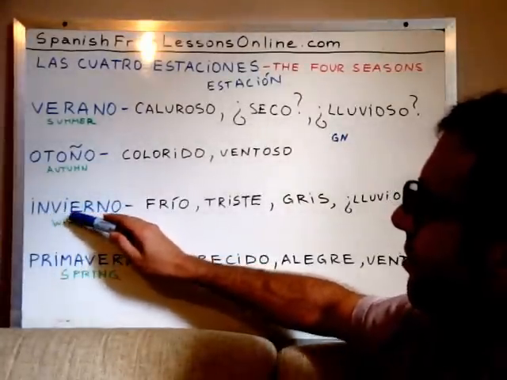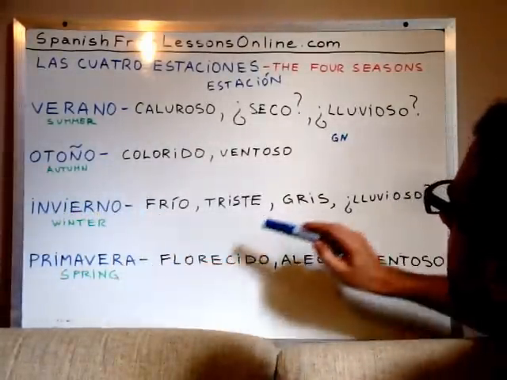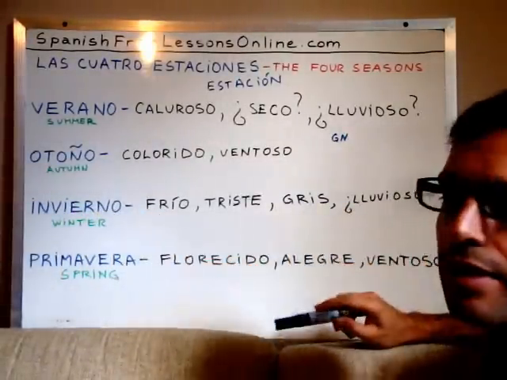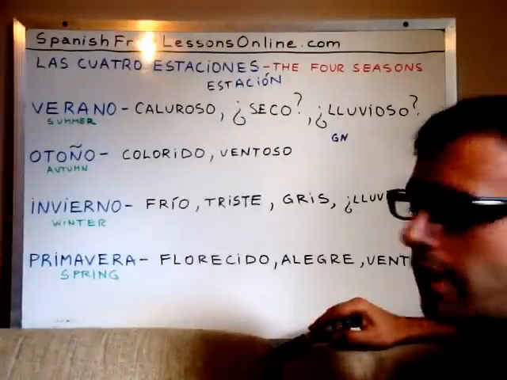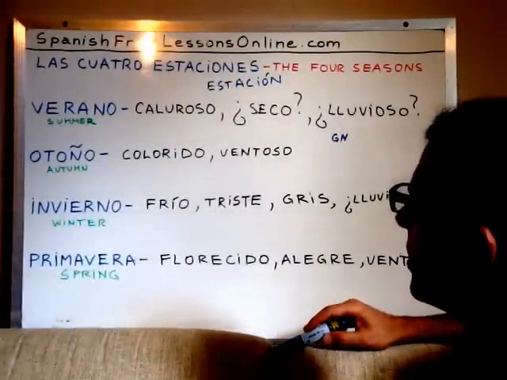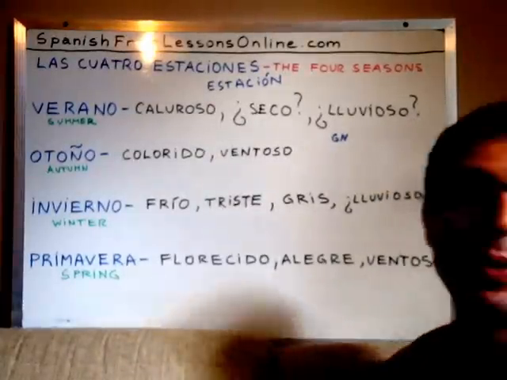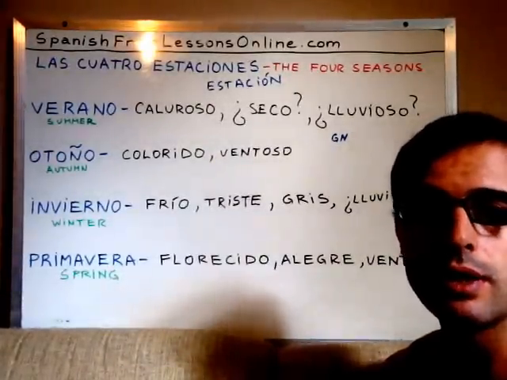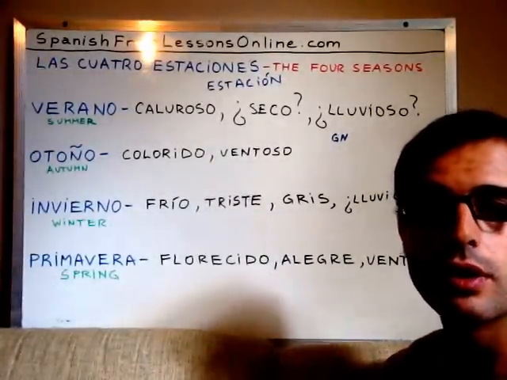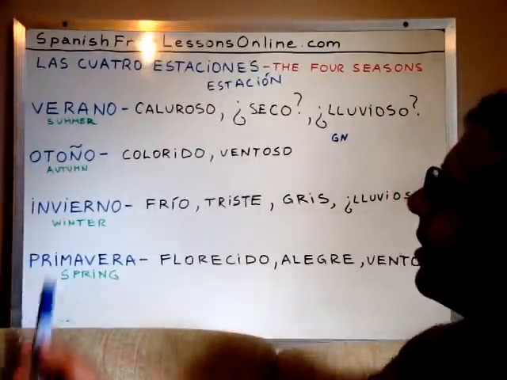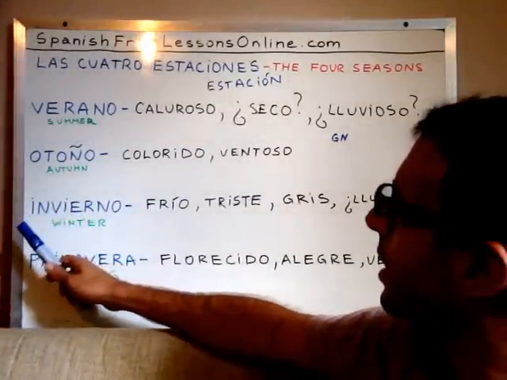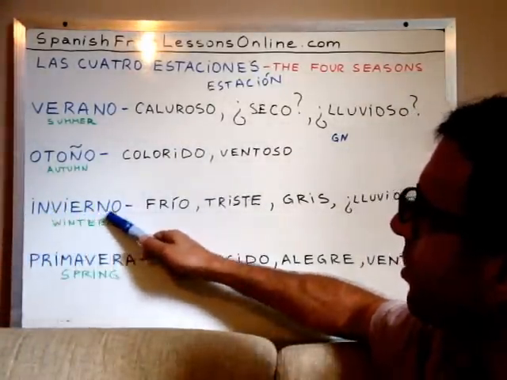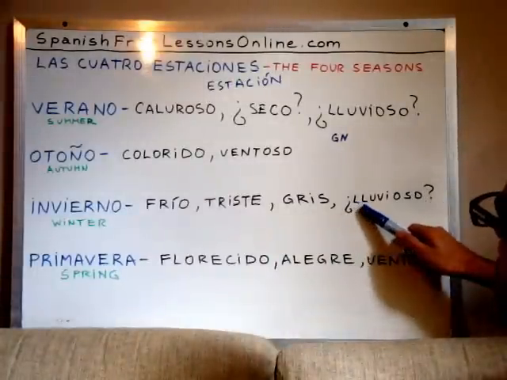El invierno es gris. The winter is gray. Perhaps where you are, the winter is rainy, or perhaps winters are dry. Let's say rainy. El invierno es lluvioso.